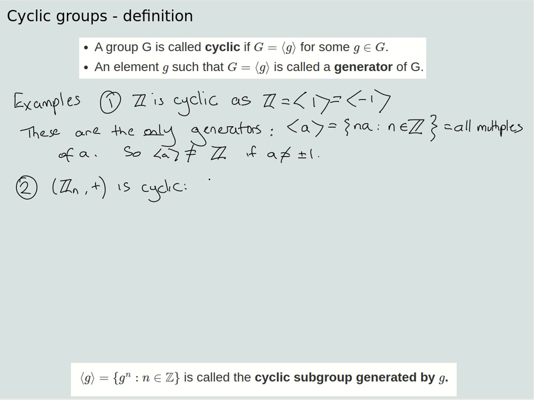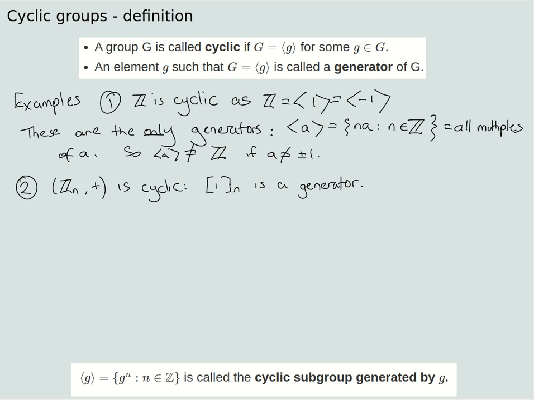So the class of 1 modulo n is a generator. It's clear that you can get every element of Zn by adding up 1 enough times, by combining 1 with itself using the group operation, because the elements of Zn are the class of 0, class of 1, class of 2, up to the class of n minus 1.